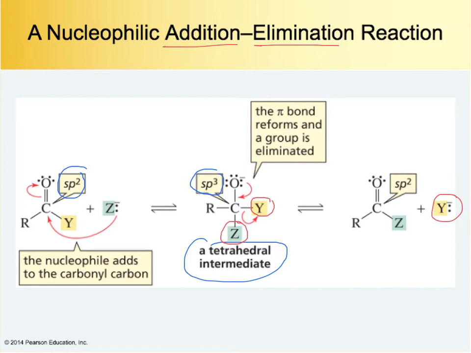The electrons on the oxygen, which it just got, came back down, kicked out the better leaving group, which was Y, and reformed the pi bond, hence the elimination part. So this is the addition, and here's the elimination: reform the pi bond, kick out the Y, and the better leaving group is gone.